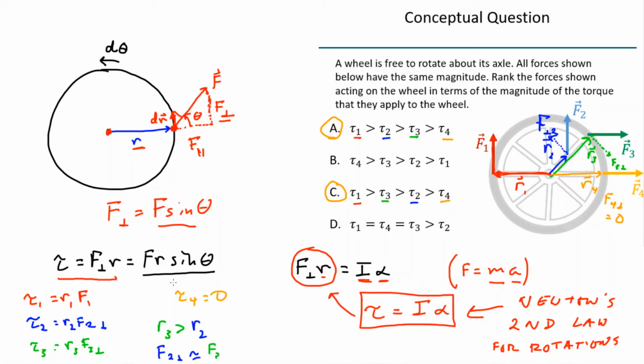They point in opposite directions, but they have about the same magnitude. It's pretty clear then that tau 3 has to be greater than tau 2. So our correct answer here is C. Tau 1 is the biggest, followed by tau 3, followed by tau 2, and then tau 4 is 0.